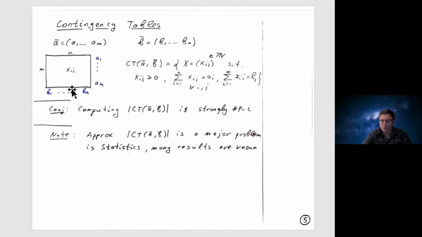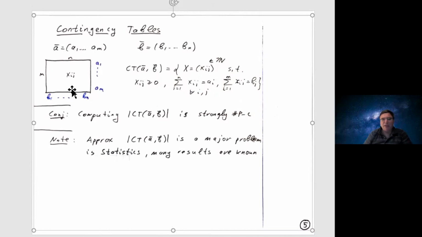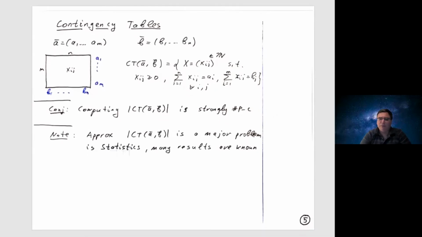It's especially important in statistics, and there are many results known about this. There's so many. If I start talking about that, I'm never going to finish this talk. That's all I have to say about contingency tables.